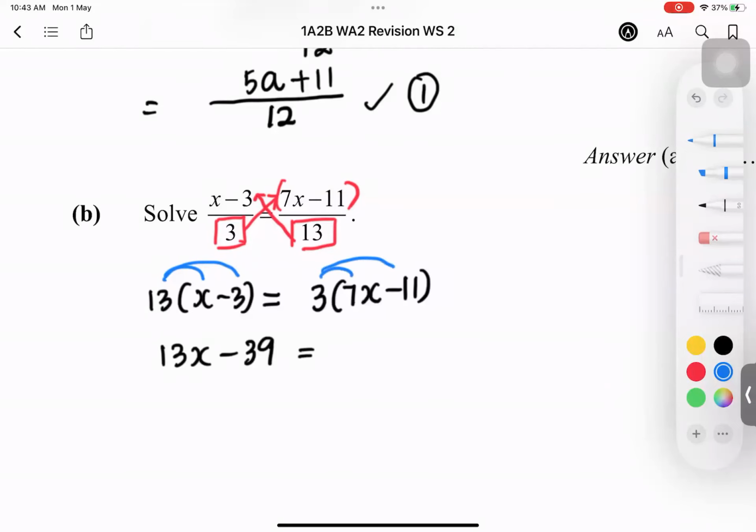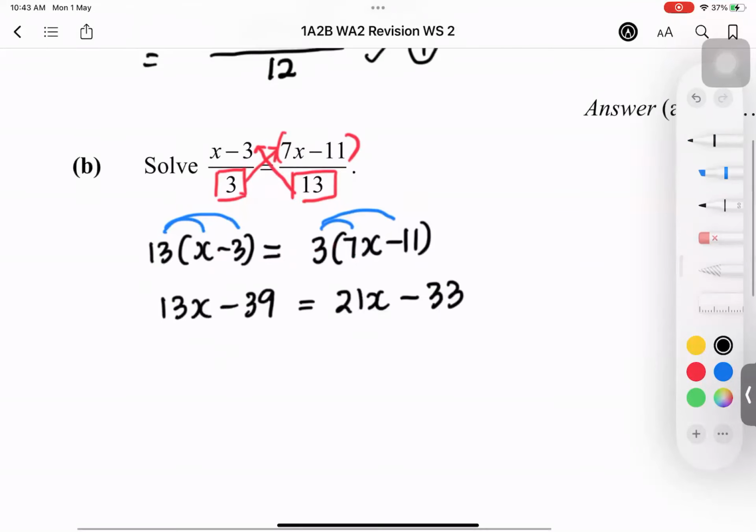Aiman, what do we get over here? 3 times 7x, 21x. Then the one at the back. 33. Okay, correct, minus 33.